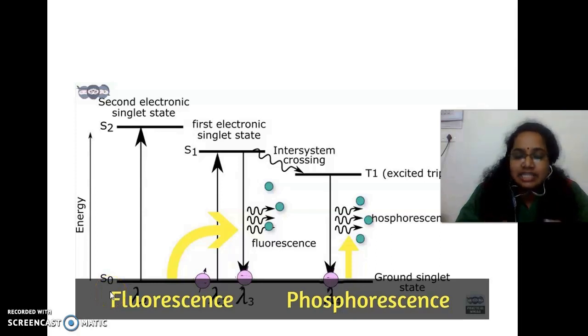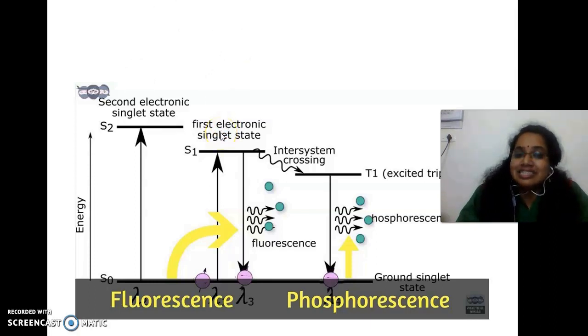When high energy is given to that molecule, it becomes excited and reaches a stage called the second singlet state, which is a highly unstable state. In the second singlet state, it is unstable and loses some amount of energy and reaches a state called the first singlet state.